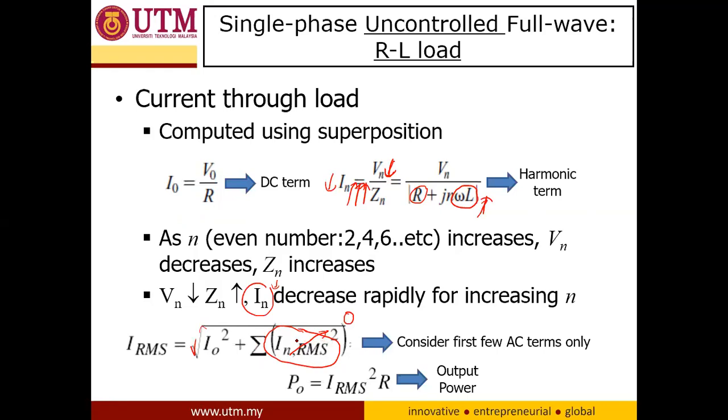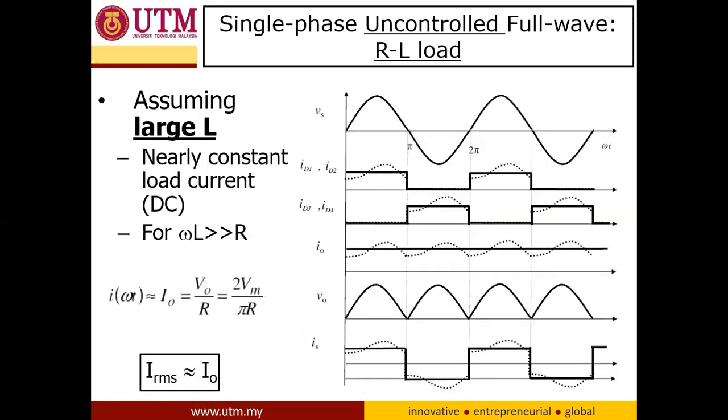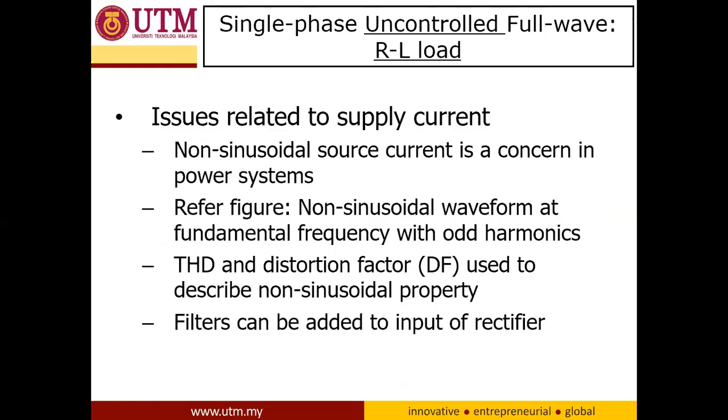The current magnitude of the AC component is very, very small, because as you can see here, if omega L is very large compared to the resistor, Zn becomes higher than the Vn. Please be noted that this is a very favorite question to be asked during your test and also your final exam.